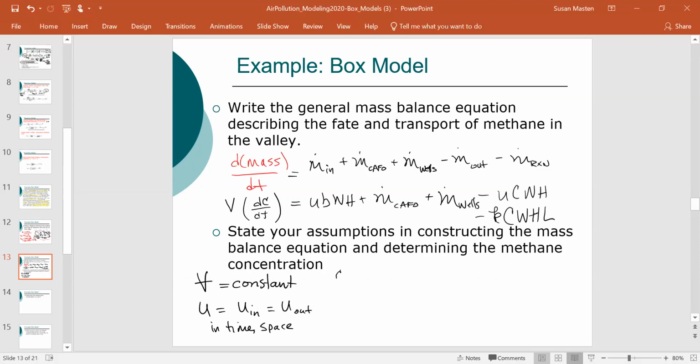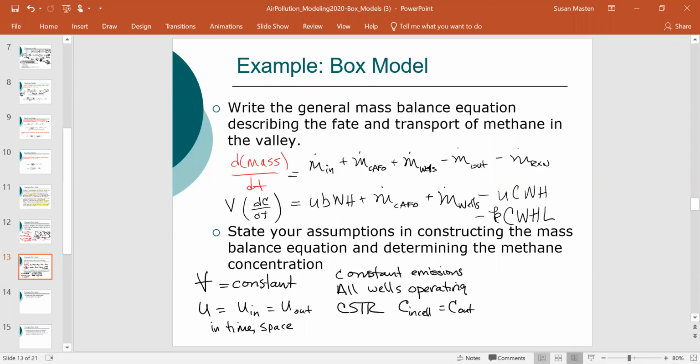We'll assume that the emission rate is constant. Let's assume all the wells are operating. We're going to assume it's a well mixed system so that C in the cell equals C out.